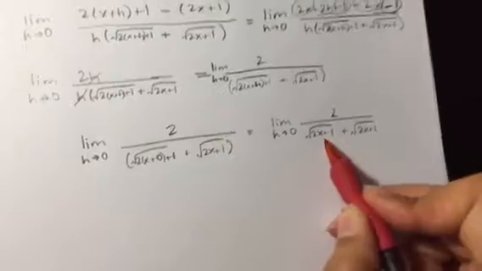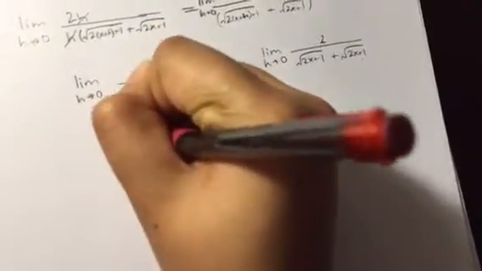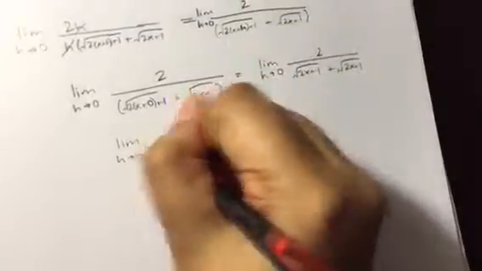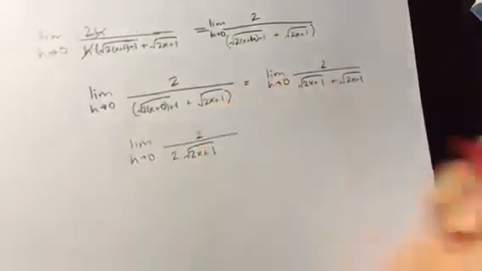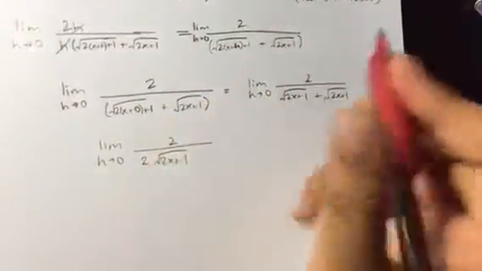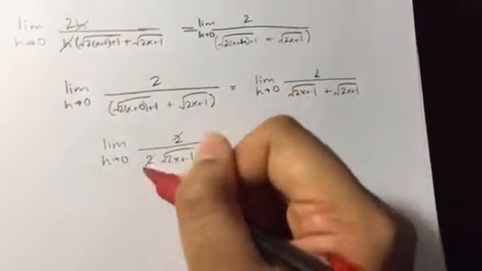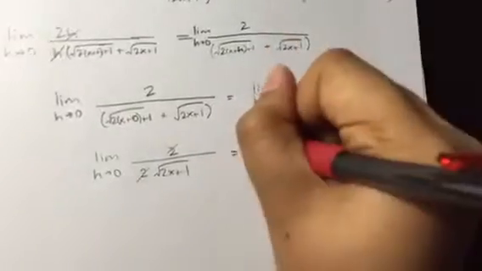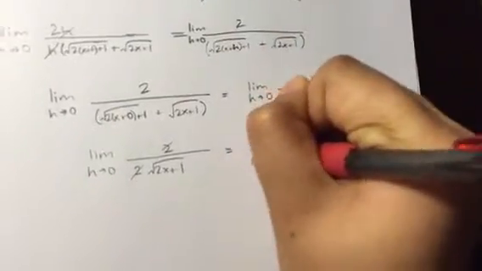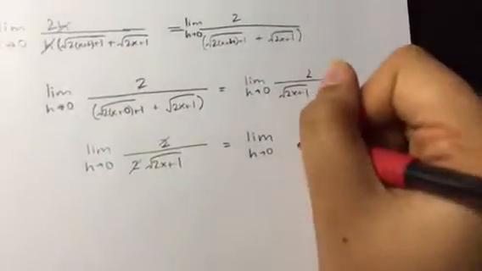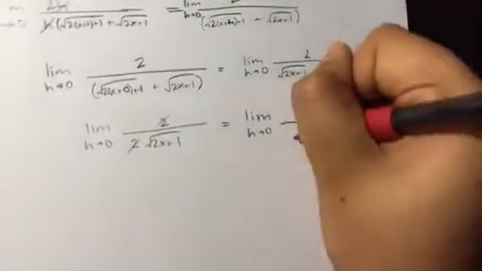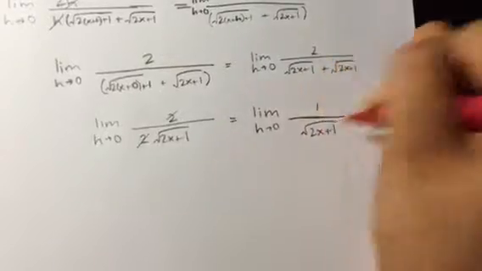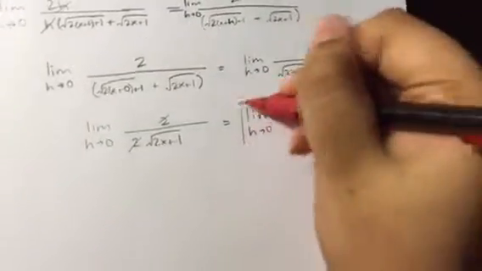So you can now add these together, which gets you 2 over 2 times the square root of 2x plus 1. Since you have 2 up here and 2 down here, you can cancel these out. So your final answer is 1 over the square root of 2x plus 1. This is your final answer.